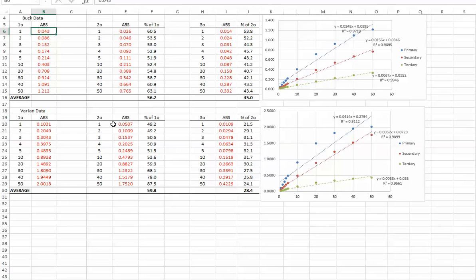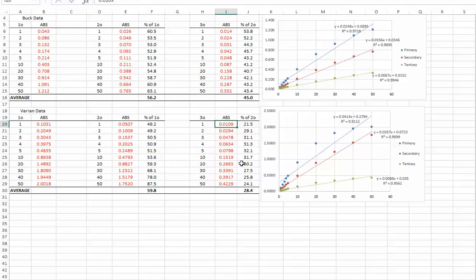It's still absorbing at the same lambda, so I should still see the same magnitude of absorbance when running these pre-made standards. So here we go, 0.1. I ran it on the secondary and got 0.05, half, and I ran it on the tertiary and got about 0.01, but that's way more than half. So is there an issue here?